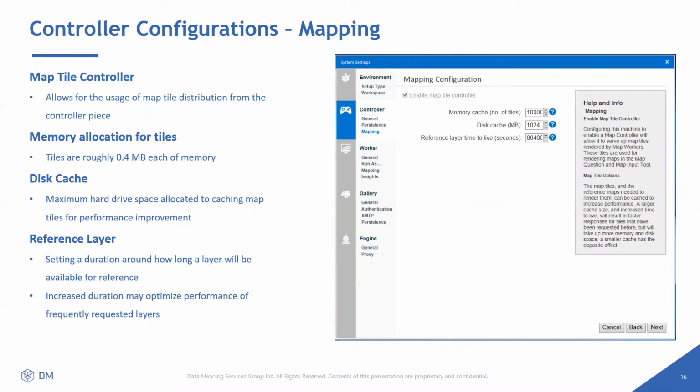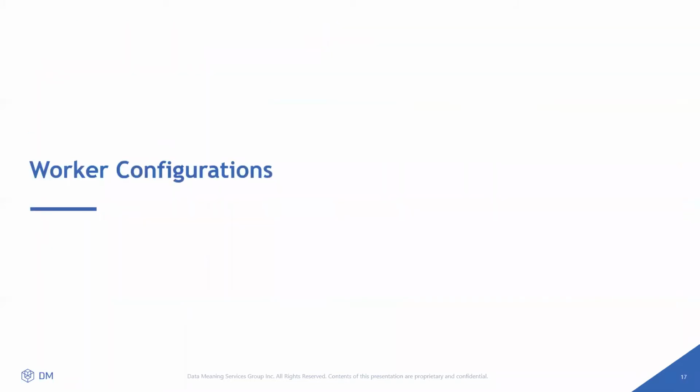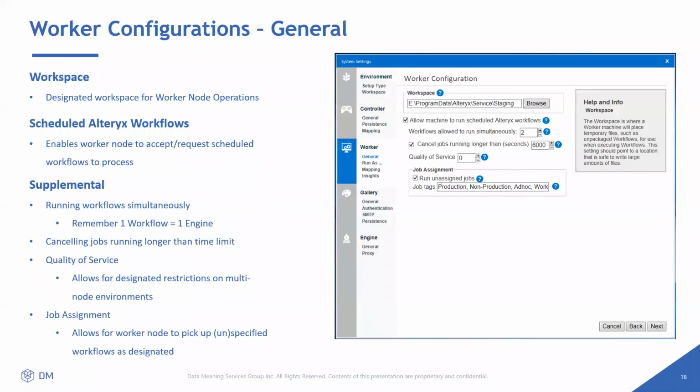So that kind of covers what is taking place within the controller. Now we're going to move a little bit further in and start talking about the worker node and the underlying pieces that make up how the worker associates with the environment. So next step, that worker configuration.